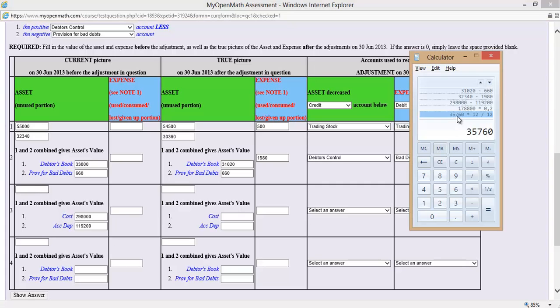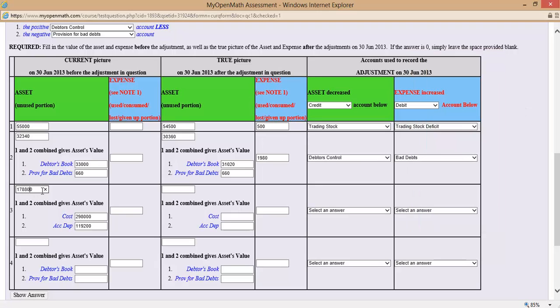We calculated that previously. 178,800. Alright, that's the 298 minus the 119. Okay, that's the value of the asset before we've made any adjustments. You can see it's these two accounts combined. The one positive account minus the negative account.